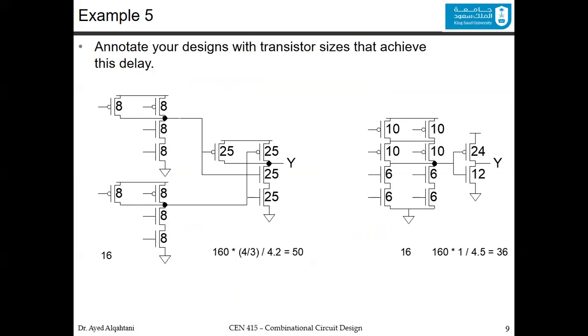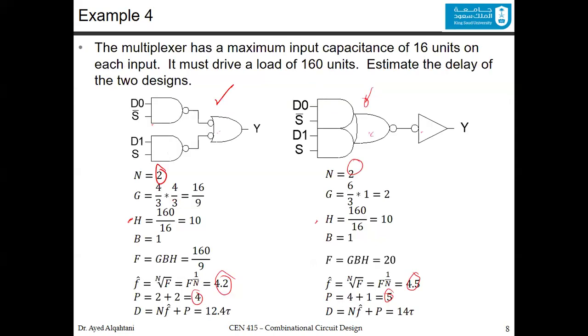Now, if you were asked about the transistor sizes, about this transistor size, what you do is first look at the nodes that you want to calculate. This one, it was given to you that there are 160 units here.